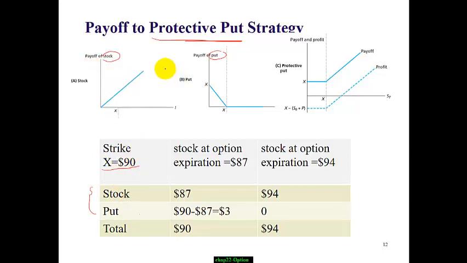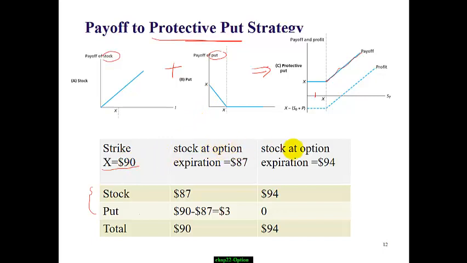If we put them together, the protected put has a very interesting payoff, which is guaranteed at the strike price when the stock price finishes lower than that, but you still enjoy the upside benefit when the stock price goes up. Let's take a look at one example. The strike is 90.